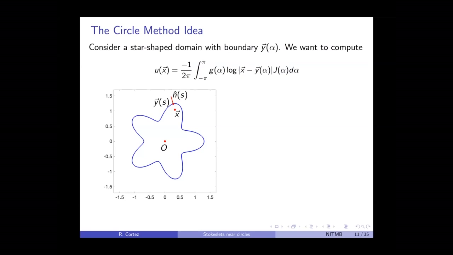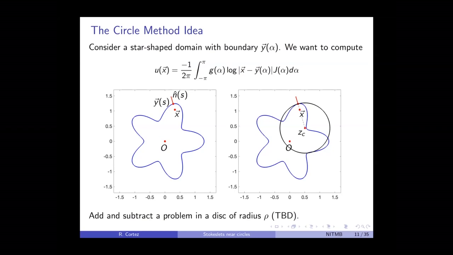So I'm going to add and subtract something, so I'm not going to take anything away. And what I'm going to add and subtract is a problem that has the same singularity, let's say, on a circle. And so when I subtract that, I'm going to combine them in a way that is easy to compute, and then I'm going to have a problem on the circle.